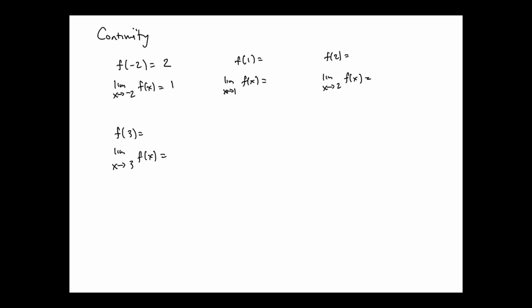Why are they different? So how do I know that f of minus 2 is 2 and not 1? Yeah, where the dot is. Okay, the function is asking what is f of minus 2, is asking where's the dot. The limit is essentially asking where's the hole.